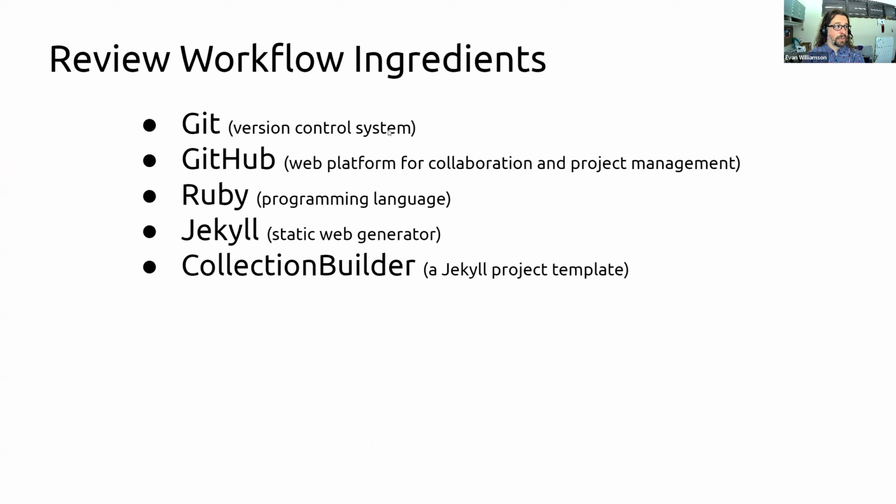There's Git version control, and most of us aren't directly using Git on the command line. We're using Git as it's embedded in GitHub on the web interface. A lot of folks are also using GitHub Desktop, the desktop application that lets you use Git, and that's its only purpose. It's just an interface for using Git.